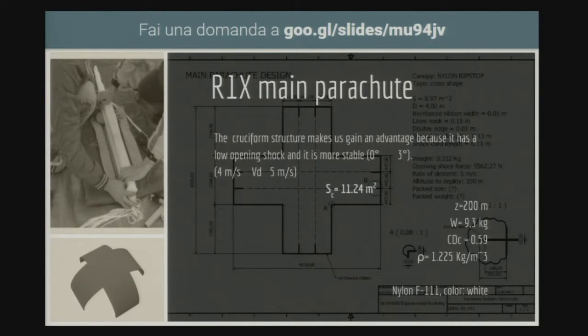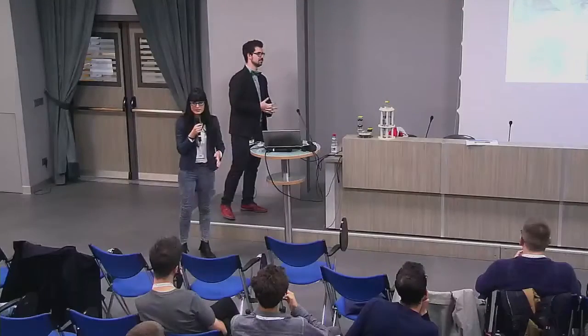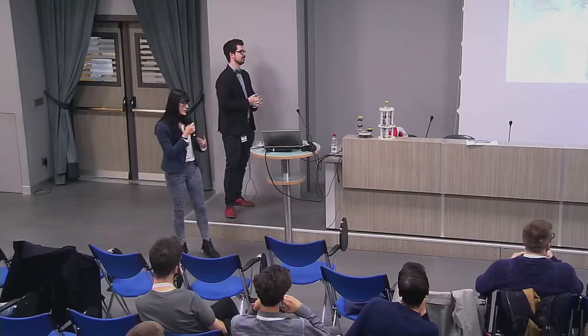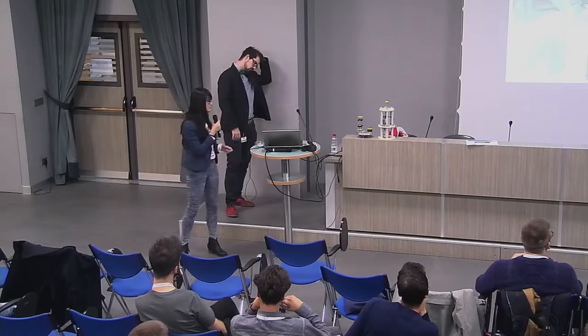Because its function is to stabilize the descent more than the previous parachute, and also to smooth the oscillation of the rocket and its movement.